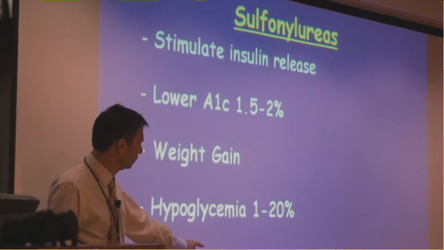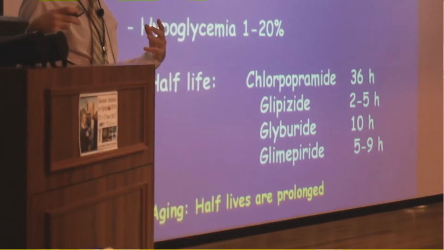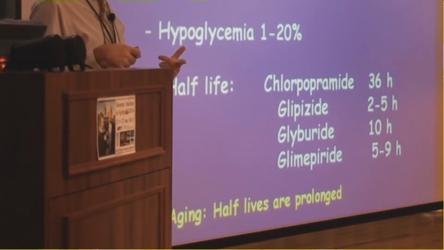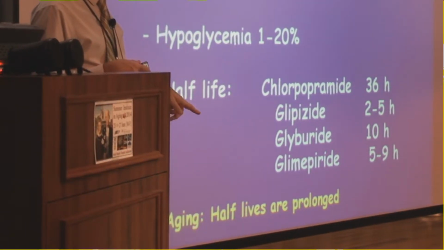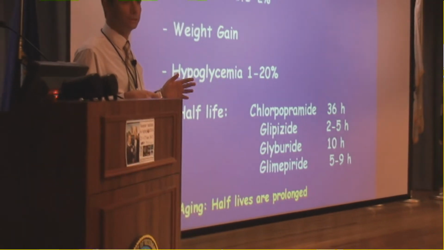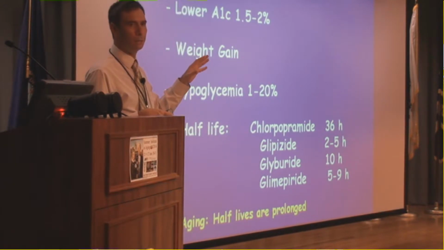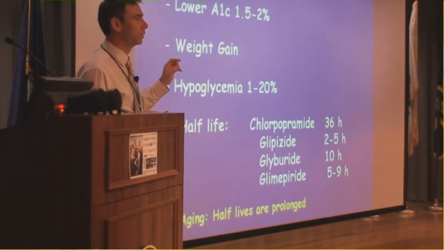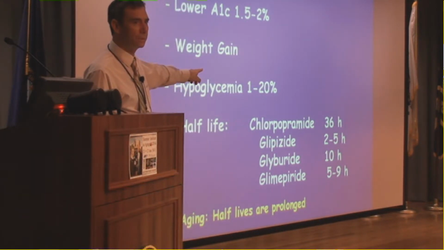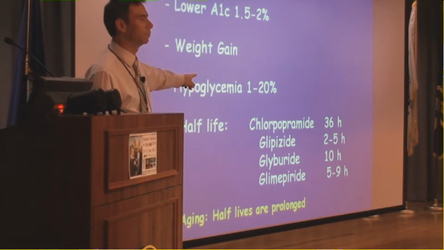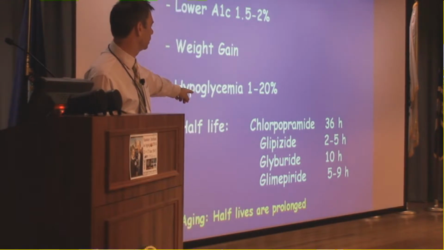The different sulfonylureas have different half-lives, as you can see there. Older people in general metabolize all medications at a slower pace, and the ability of our body as we age to get rid of medications is much slower. So the half-life of drugs, meaning how long it takes the body to eliminate a drug, is much longer in older people. There are different half-lives depending on the drug: chlorpropamide, which is almost never used anymore, but also glipizide, glyburide, and glimepiride.